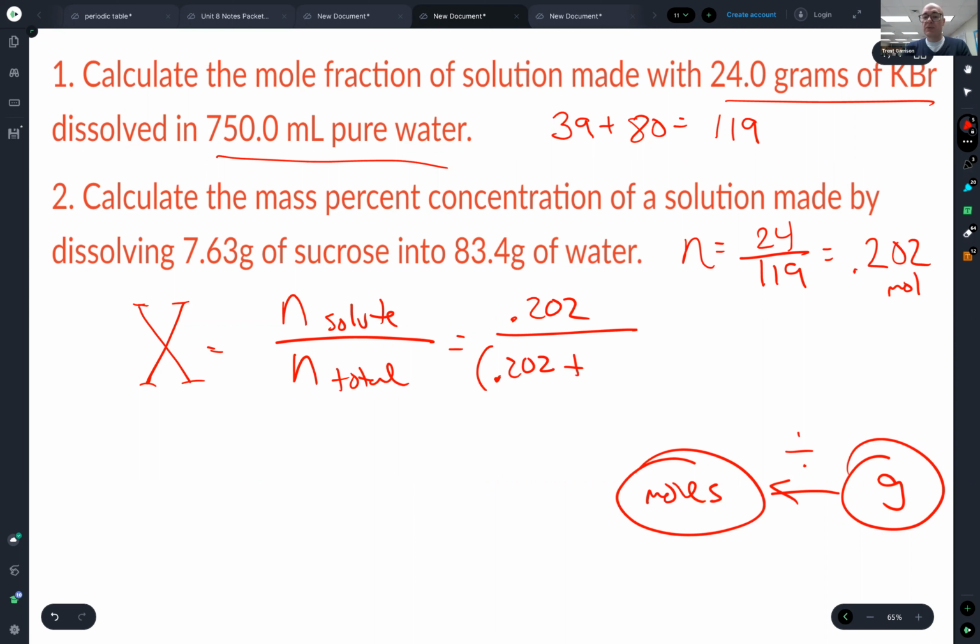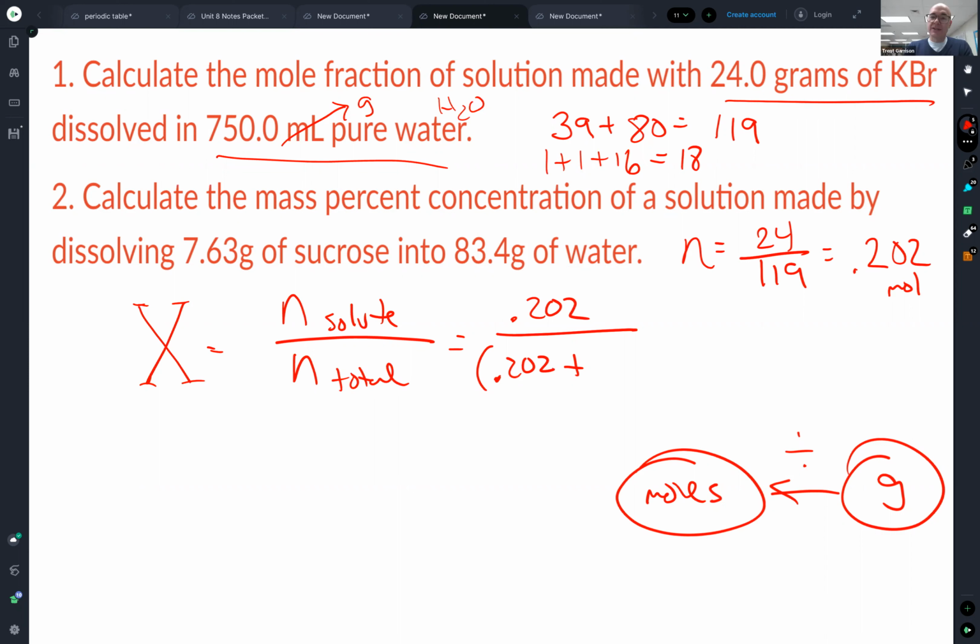Now we just got to figure out the number of moles of water. Water is 750 milliliters. Well, that's the same thing as grams. So now we've got the exact same process. I got to get the weight of water. Water is H2O, so that's 1 plus 1 plus 16, which gives you 18.